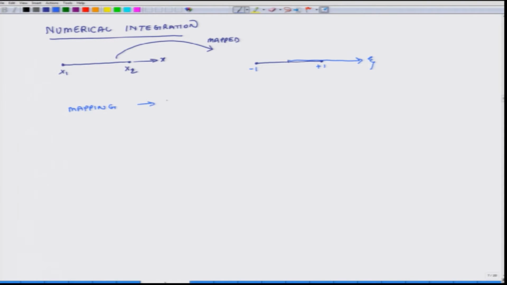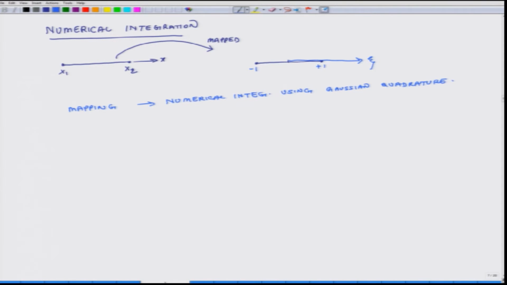and then we did the numerical integration using, actually we had discussed two methods. One was Gaussian quadrature. Okay.